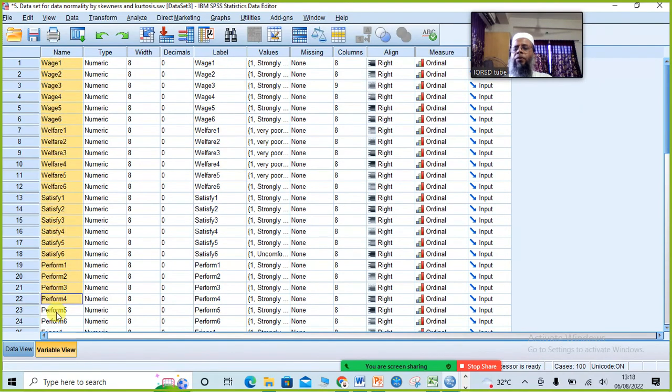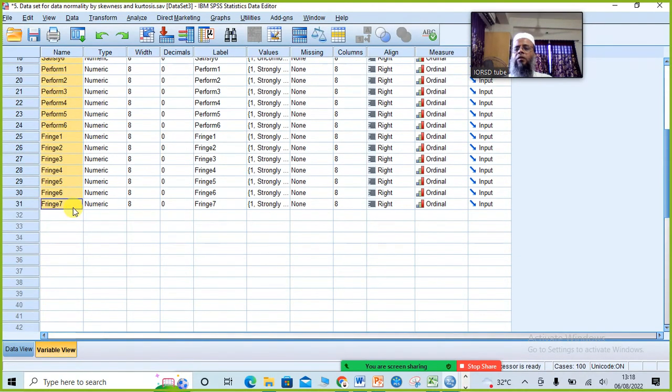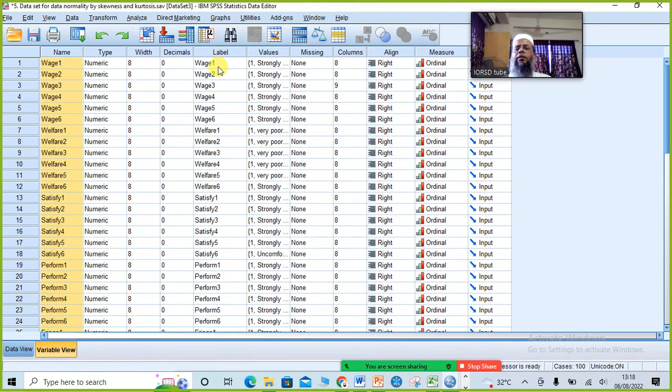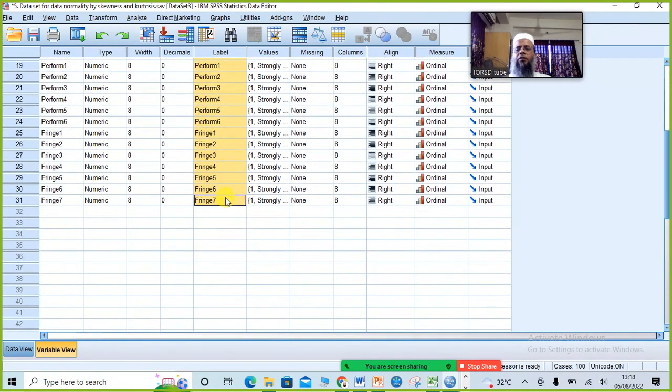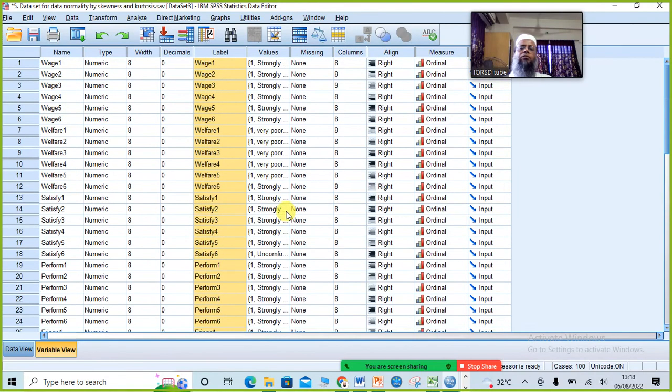Please copy this one, then paste over here. Maybe you did something wrong. Then save it. Then you go to Analyze and Descriptives again. Then it will come. No problem, inshallah.